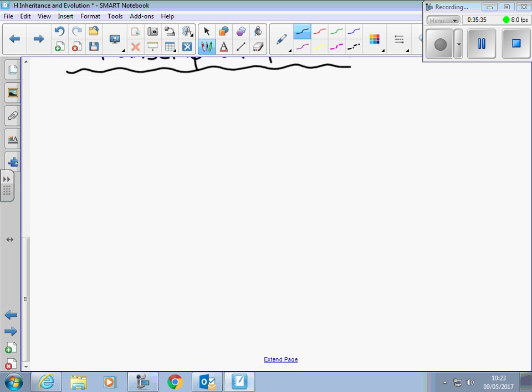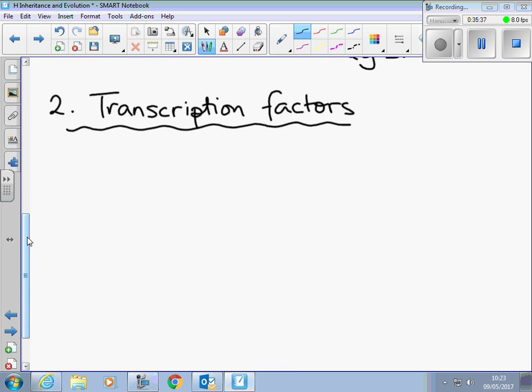So a simple way of looking at a gene is that if this is your piece of DNA and your gene is here, that's the bit that you want. There are a lot of other areas of the DNA that appear to be important in all of this. Just before the gene, you have another area called the promoter, which is a sequence where the RNA polymerase can attach itself.